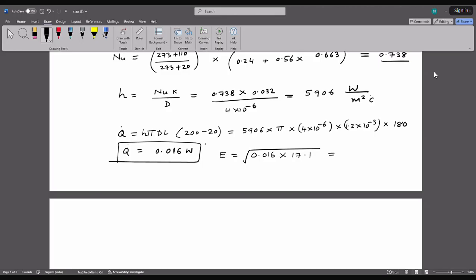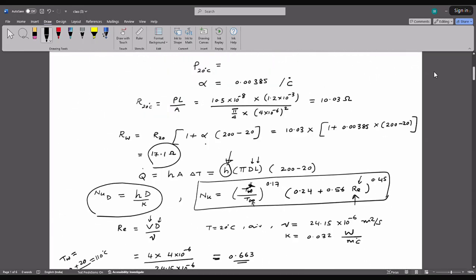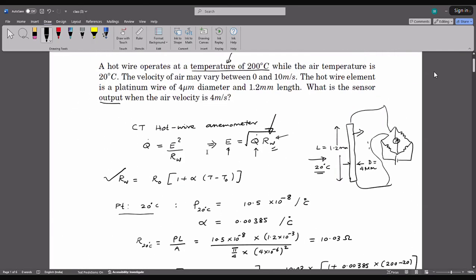That will give us 0.524 volt. So this is how you would really work through to calculate the output of a hot wire anemometer.